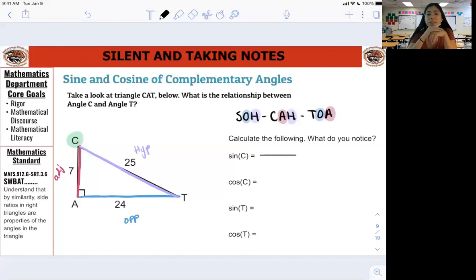Samaj, sine of C. Ten seconds, Samaj. What is the sine of C?